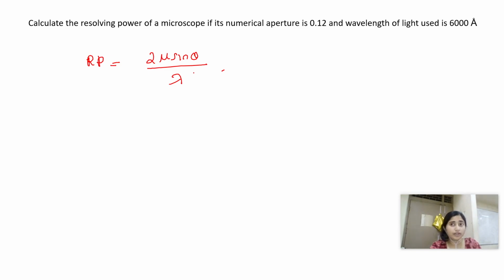Even for a compound lens, magnifying power is a different value, and to calculate image distance and focal length, we showed in the first slides 1 by u plus 1 by v is equal to 1 by f, those formulas. Related to that also some formulas are there. But in this session we just have to apply the formula, that's it.